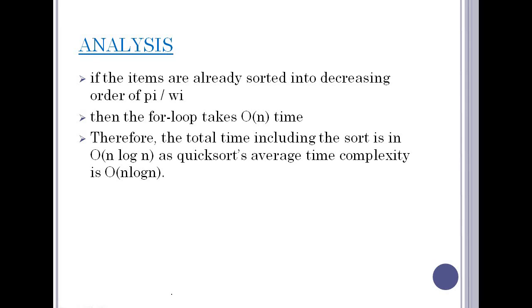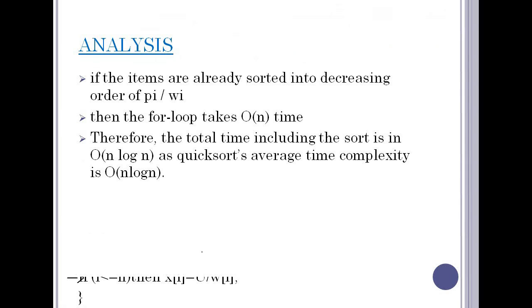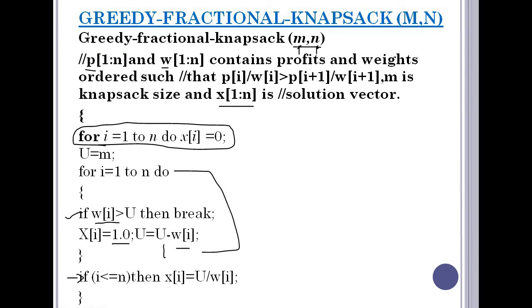Now the next thing is, what is the computing time of the greedy approach for the knapsack problem. The loop is going to run n times. If we use a sorting algorithm such as quick sort, which is efficient, its complexity is big O of n log n, and the for loop runs for big O of n times.